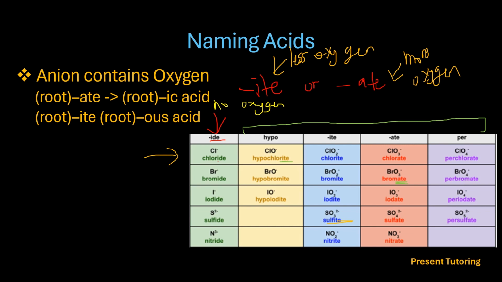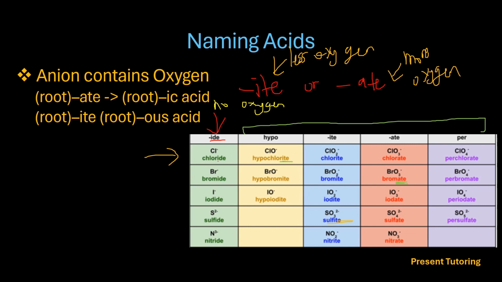Notice how the charges are all the same per line. So chloride is minus, ClO is still minus, ClO2 is minus, ClO3 minus, ClO4 minus. So the oxygen number is not really changing the charges for these oxygen-containing anions.